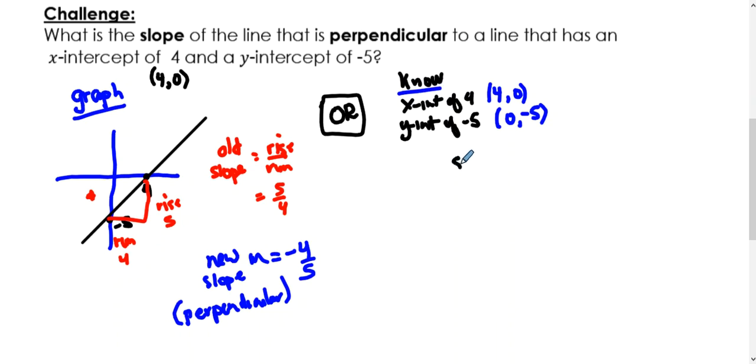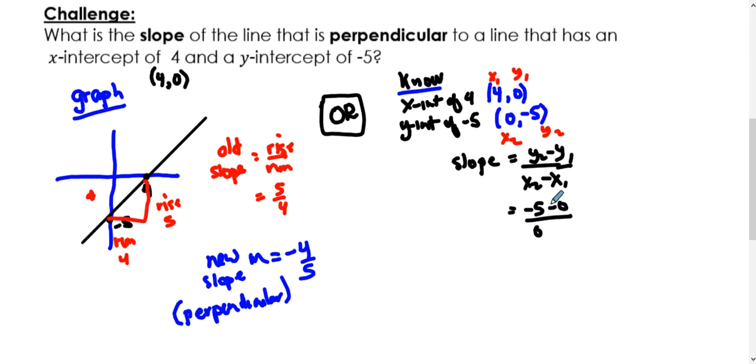I can use my slope formula, y2 minus y1 over x2 minus x1. So this is going to be my x1, y1, x2, y2. I can sub that in. y2 is -5 minus 0 over 0 minus 4. That becomes -5 over -4.